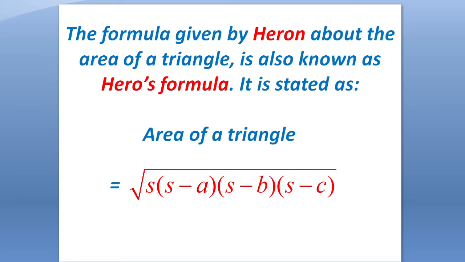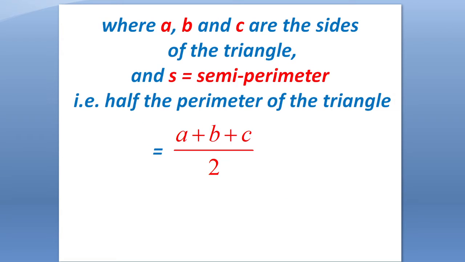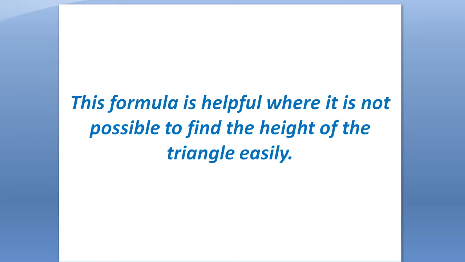The formula given by Heron for the area of a triangle is known as Heron's formula. The formula is area of triangle equals root of s into s minus a into s minus b into s minus c, where a, b, c are the sides of the triangle and s is the semi-perimeter. That means half the perimeter of the triangle, (a plus b plus c) by 2.